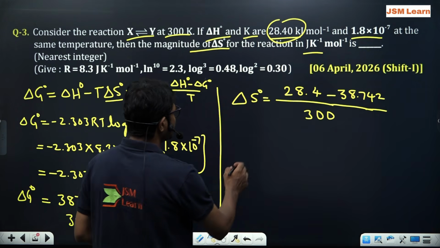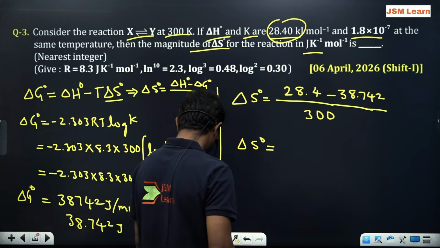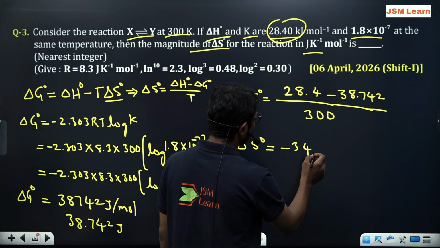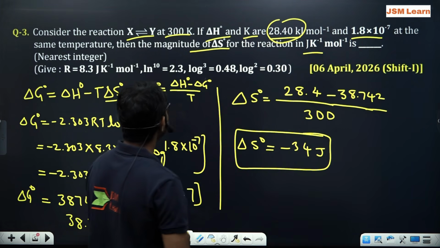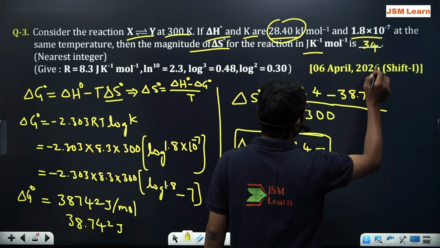On simplification, the delta S naught value you will get is minus 34 joules. So the answer, the nearest integer, you can write as 34.